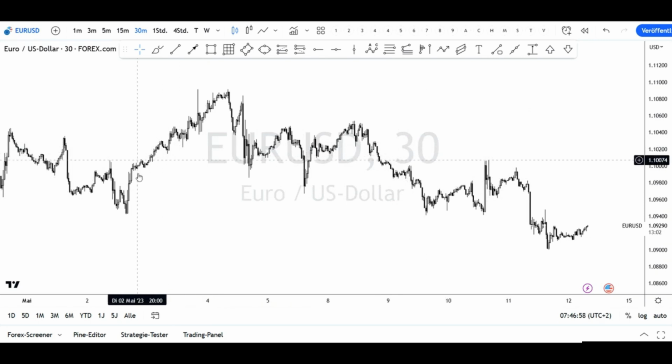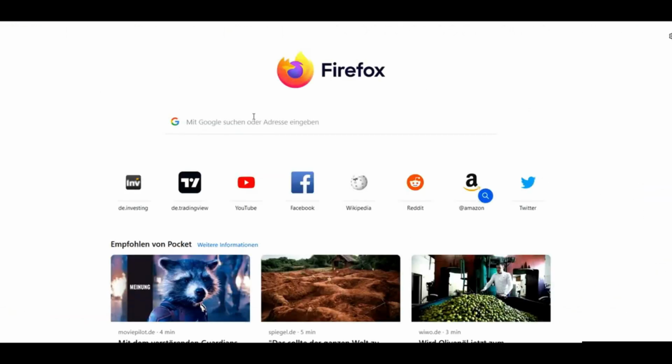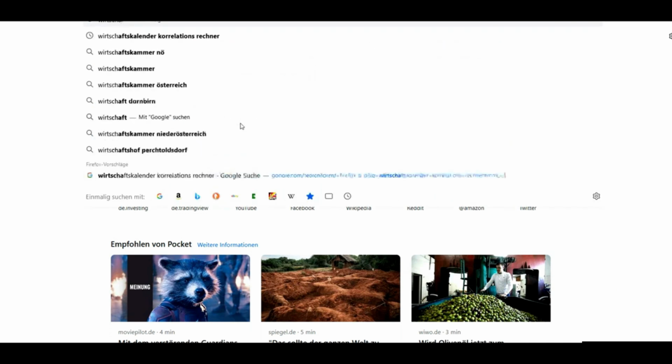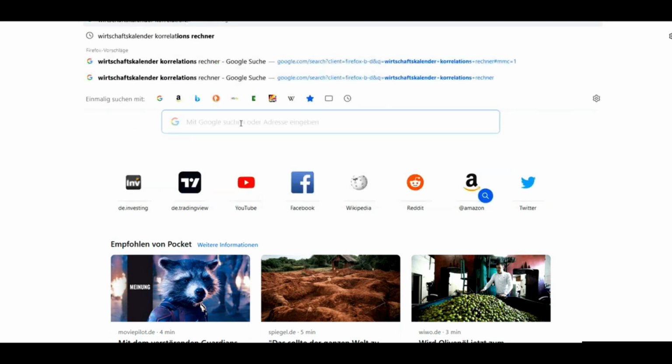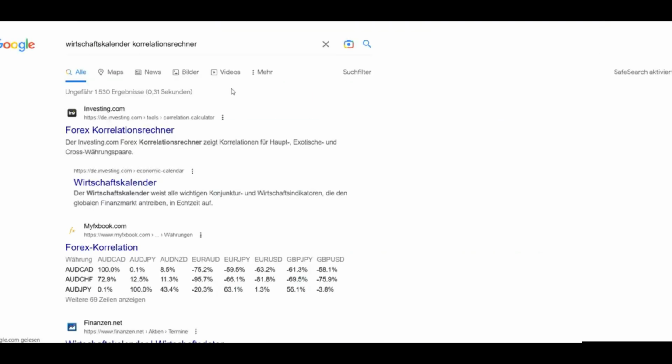But you can also find a solution for it. For example, if we want a correlation calculator, then you simply enter economic calendar correlation calculator, and this information comes to us from investing.com.